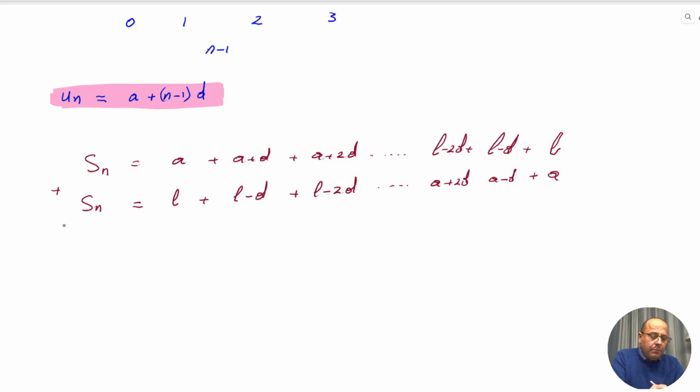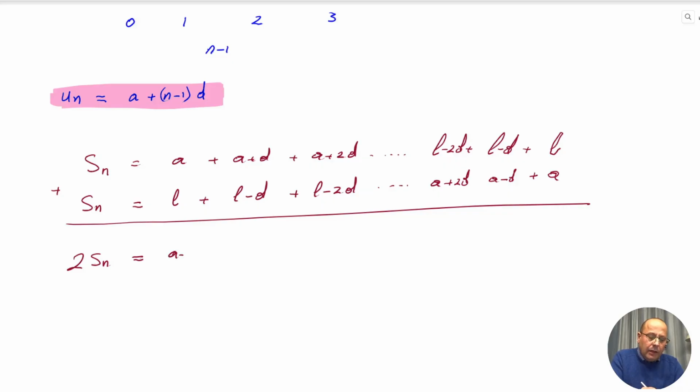If we add them, we have 2Sn is equal to a plus l, and then the differences cancel, so that will be a plus l again, and the same in here, a plus l, and then a plus l, plus a plus l.